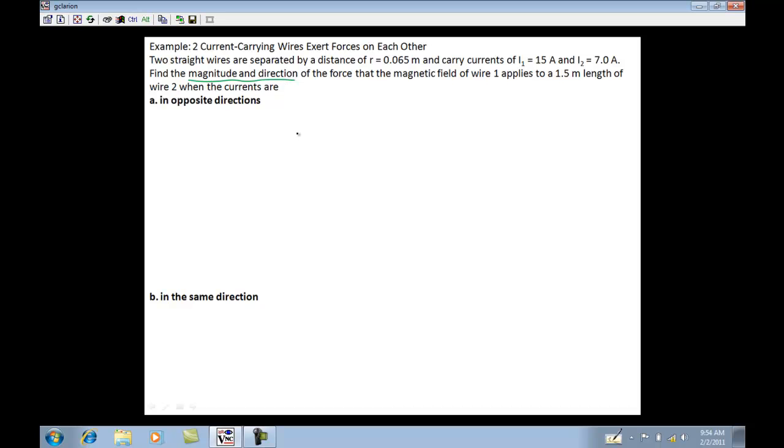So here's what's going to happen. I'm going to have a wire in this direction, and we're going to point them in opposite directions. For this wire on top, I'm going to say it's 15 amps, and this is 7 amps.